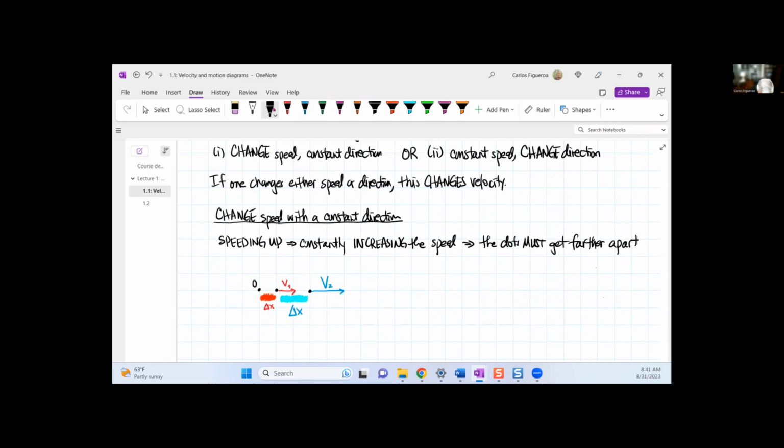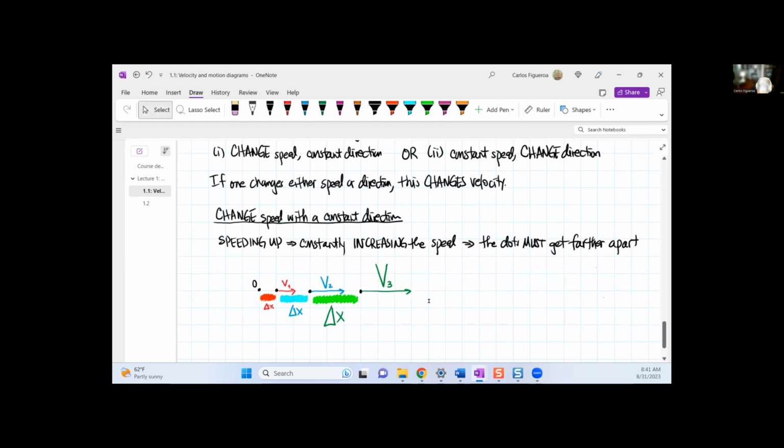And if I continue along the same way here, maybe I have a dot here at 3, and you can clearly see that in this interval right here, this distance is even larger, so therefore this vector has to be even longer, showing a higher speed. Look how I keep paying attention to the interval.